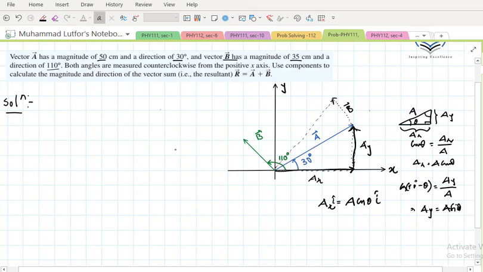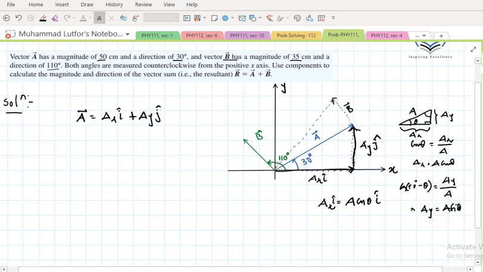Now I can write this vector A as A x i hat plus A y j hat, right? I use the vector triangle law again over here. Look at this, this is the vector A x i, multiplied by the unit vector, and this is the vector A y j.